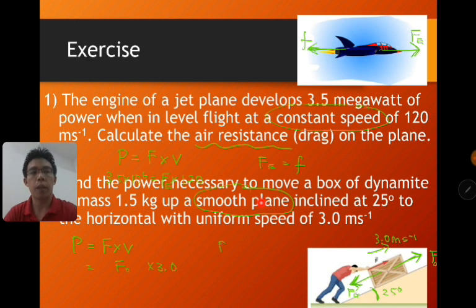Therefore, we can write Fg, the downward force by part of the gravity, equals the force of the man. The man has to exert at least the same amount as the part of the gravitational force. So F naught equals 1.5 times 9.81, the weight, and its component is sine 25.